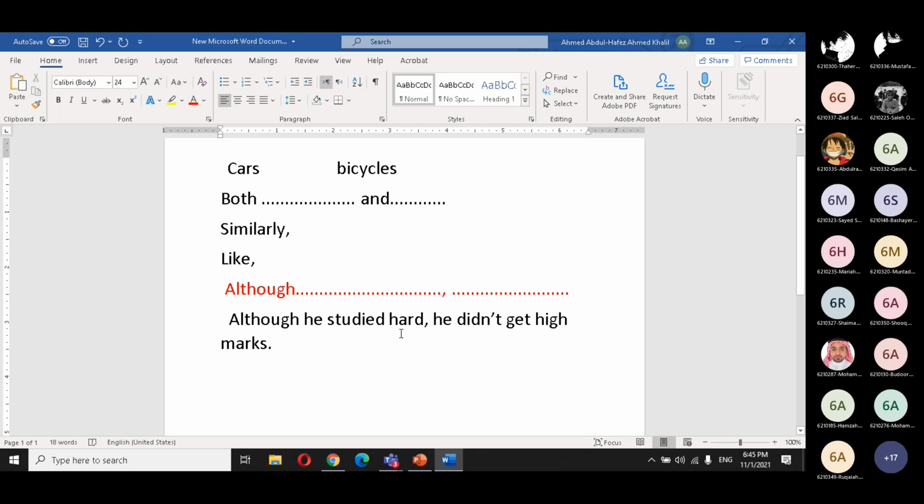So here the first sentence is contrasted with the second sentence. The second half of the sentence contradicts the first half. There is an example always used with although, which you always see in grammar books: although he is very rich, he is miserable.